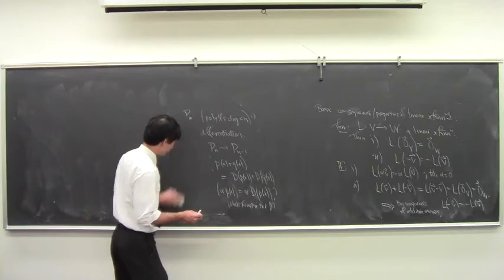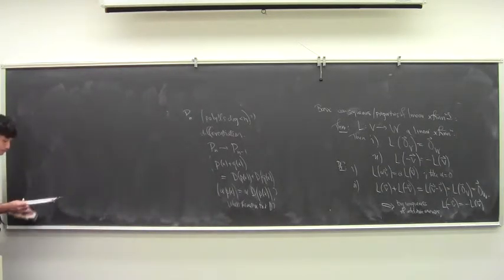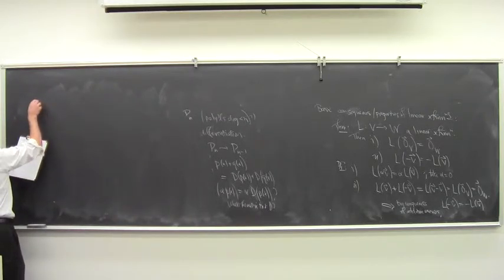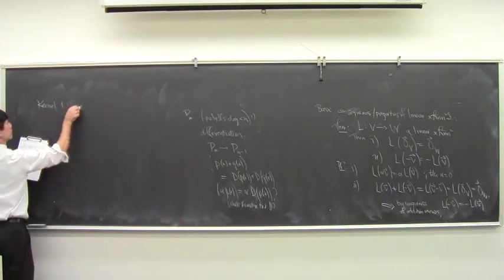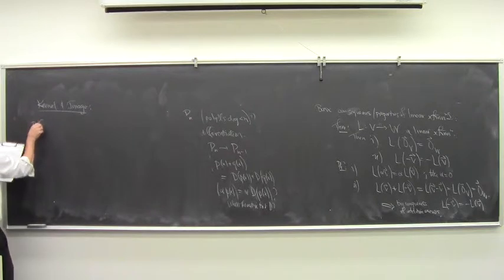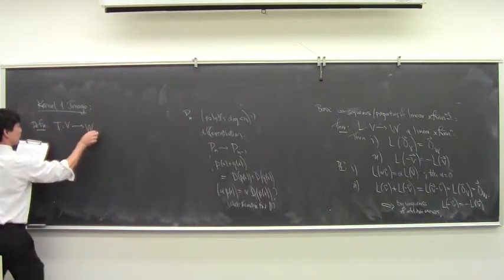Okay. A couple more fundamental ideas: kernel and image. So again, you have T, a linear transformation.